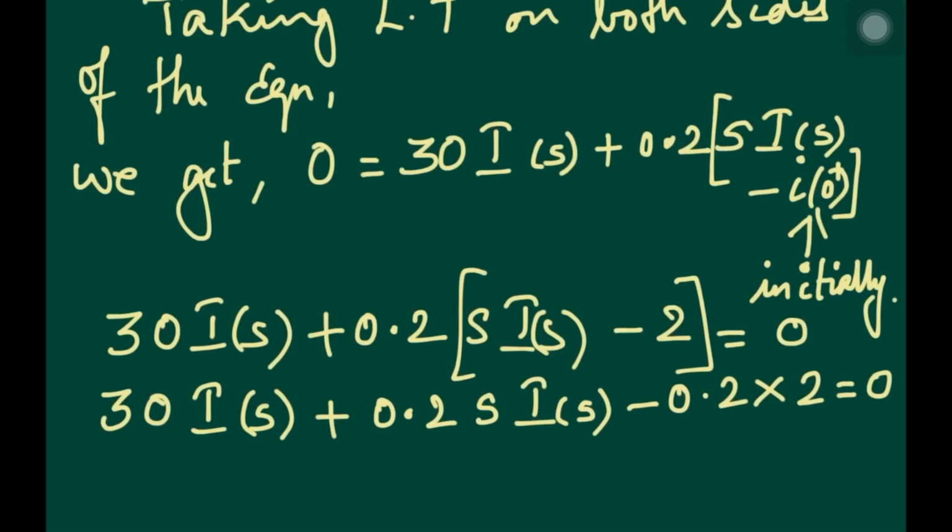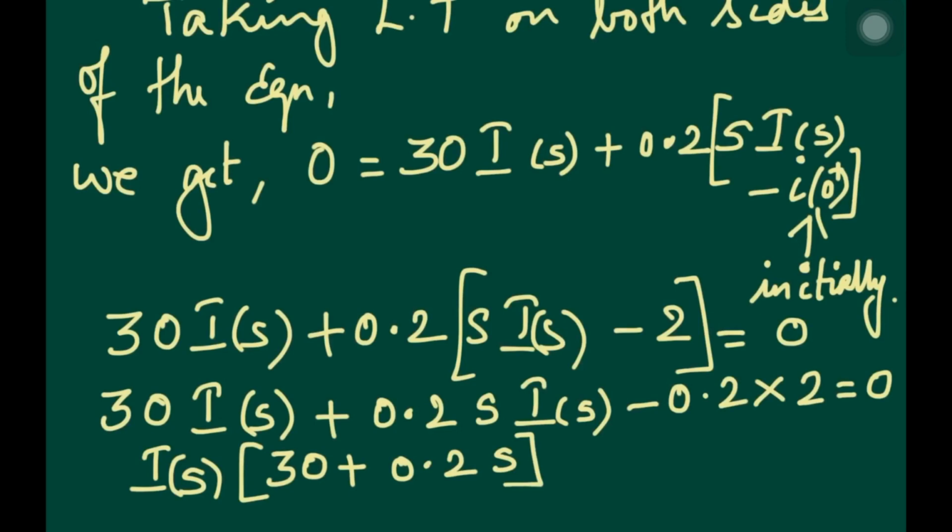Further simplification, I of s is taken out from first two terms, that is 30 plus 0.2 s, and the 0.4, which is taken to the right side, becomes positive 0.4, which is the result of 0.2 into 2.